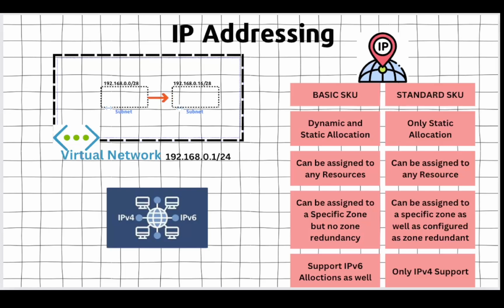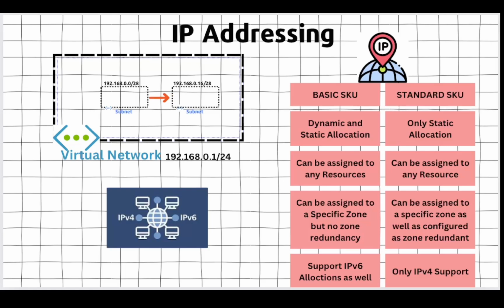Basic SKU can be assigned to a specific zone, but there is no zone redundancy available for this, which means you cannot have the basic SKU public IP address available in case the zone goes down. Standard SKU also can be assigned to a specific zone, but it supports zone redundancy. So if the zone goes down, still you will be able to access the public IP address because it is zone redundant.